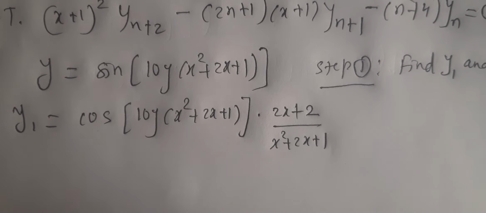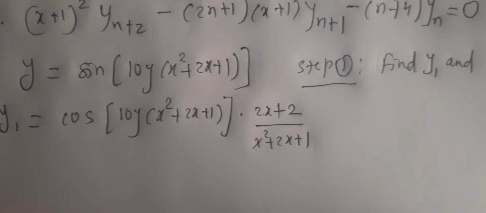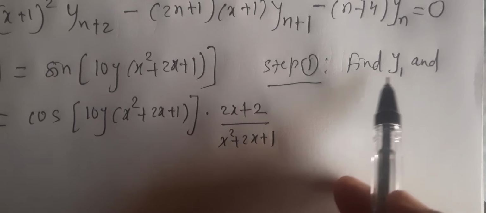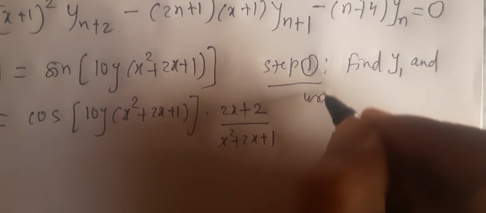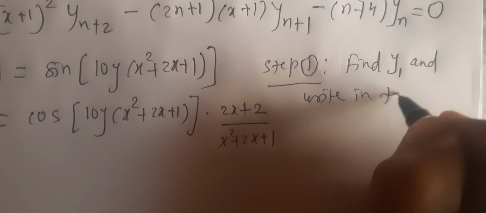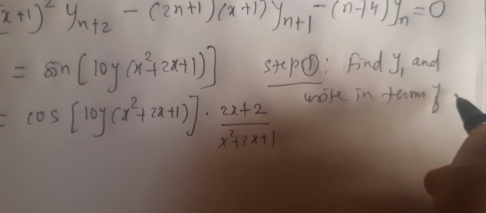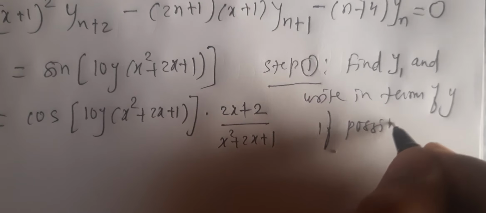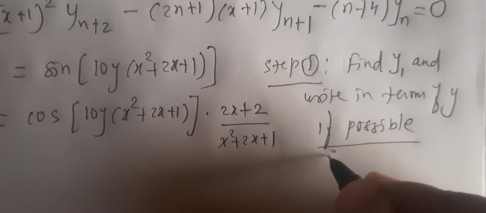Yes or no? If you can write in terms of y, then I'll complete this step now. My step 1 is find y1 and write in terms of y if possible. So sometimes it may not be possible, but if possible, don't proceed ahead without that.